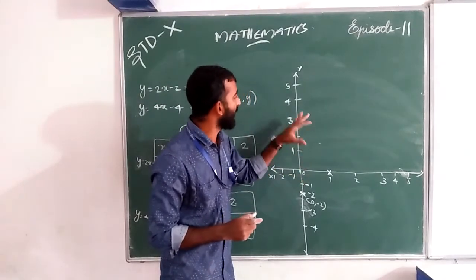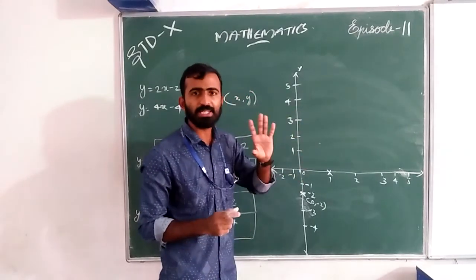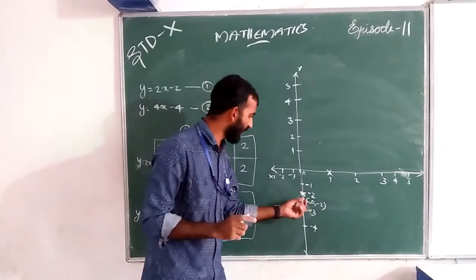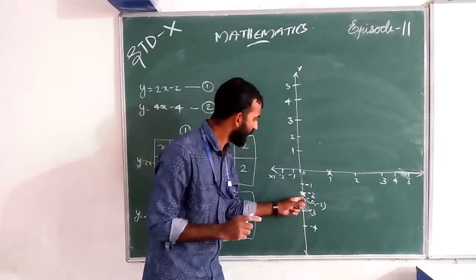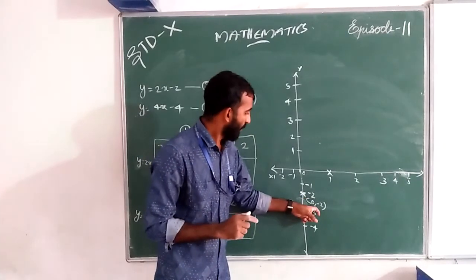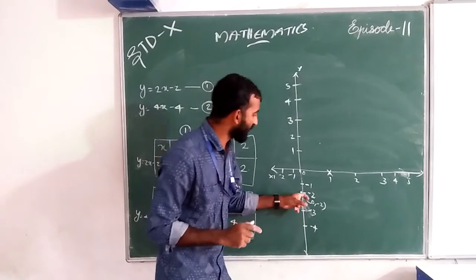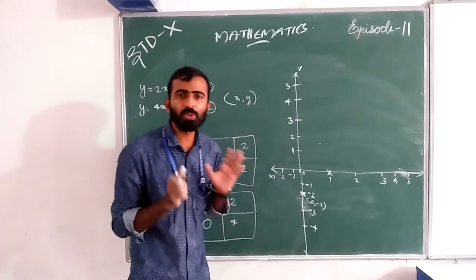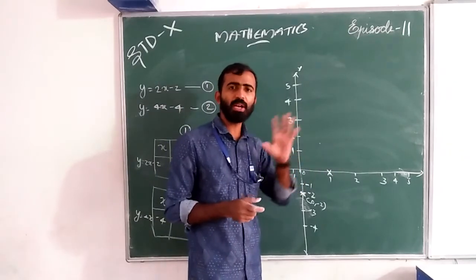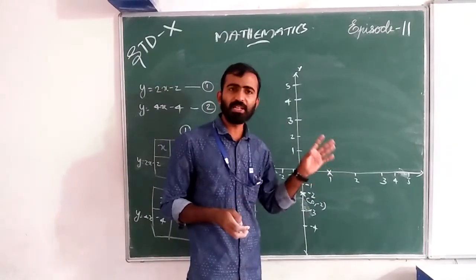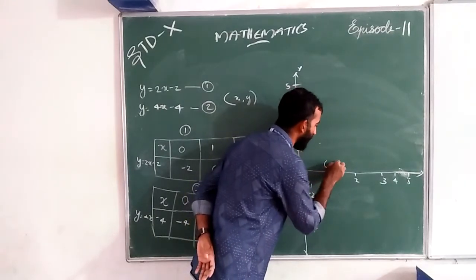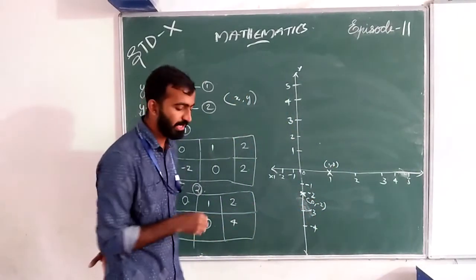Otherwise, when we take any number on the y-axis, the x coordinate must be 0. For example, here is 0, -2. When x coordinate is 1, the y coordinate is 0. Here is 1, 0.